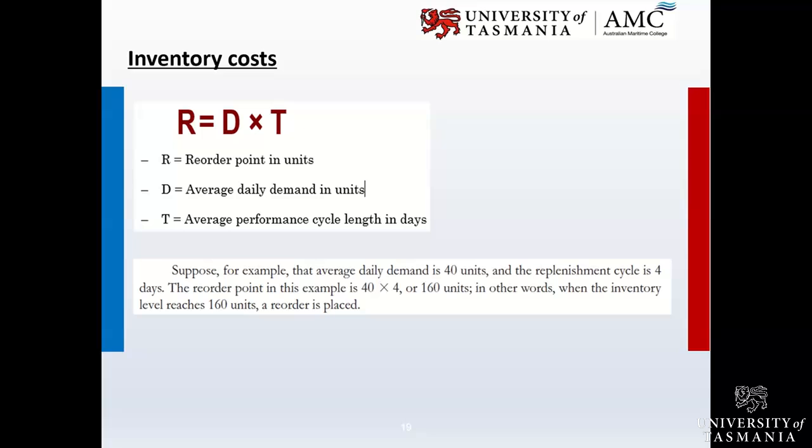So first, there is no uncertainty. Here is an example. Daily demand is 40 units, and the replenishment cycle is 4 days. So according to the formula, the reorder point is 40 times 4, so it is 160.